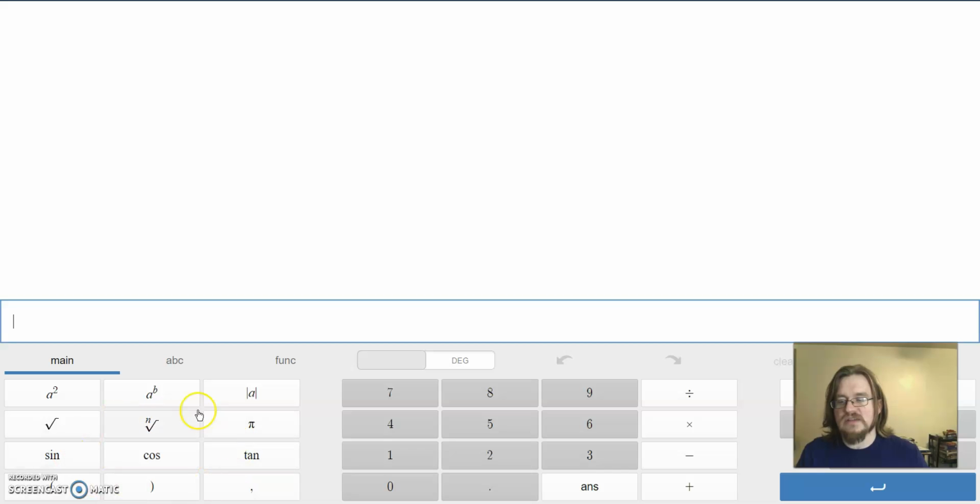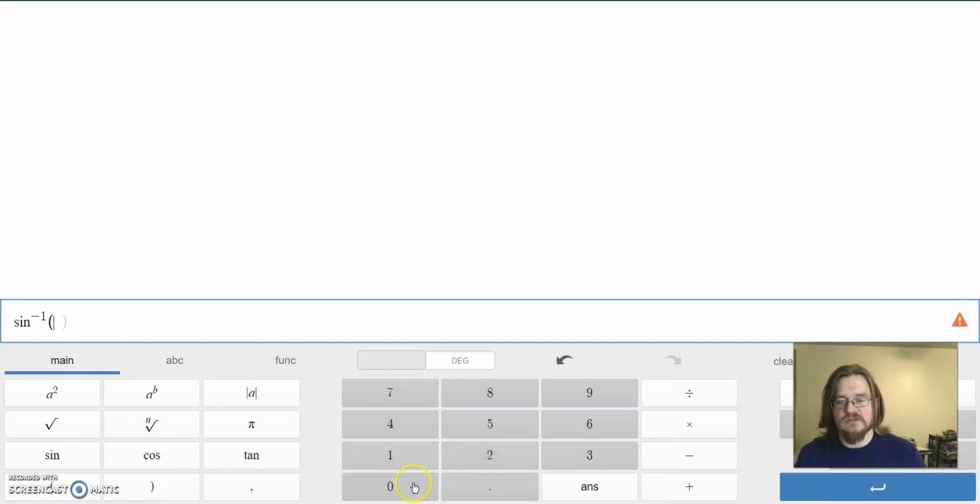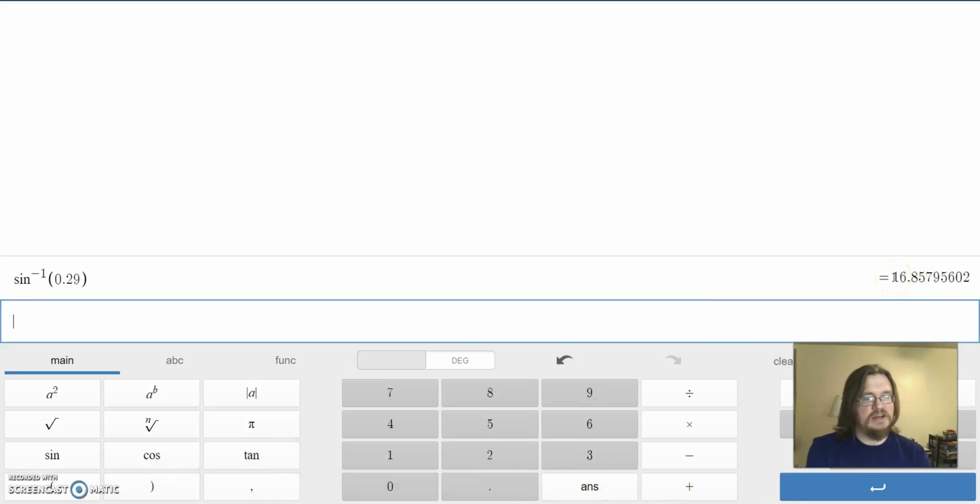And what we'll see is that we don't have an inverse sine function in the usual functions here. So if we come over to functions, though, we have inverse sine or arc sine right here. So the inverse sine of 0.29 close parenthesis, and that's going to be 16.86, let's round this.